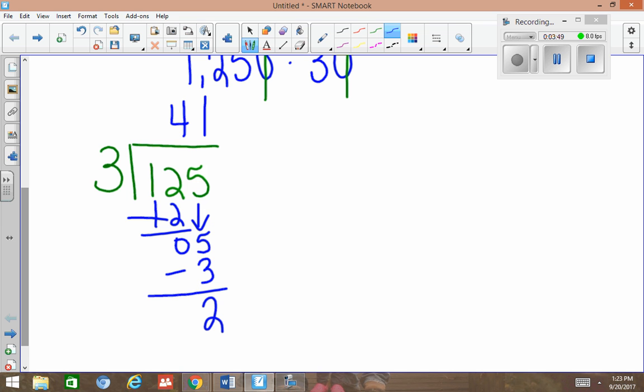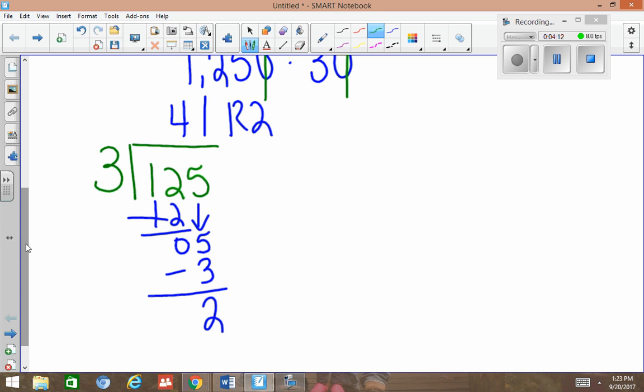Remainder. A remainder, right. So if we look at this, let's answer both questions. Are you ready? How many barrels get completely full? 41, because I could actually get the 3 into the 125 41 times, okay?